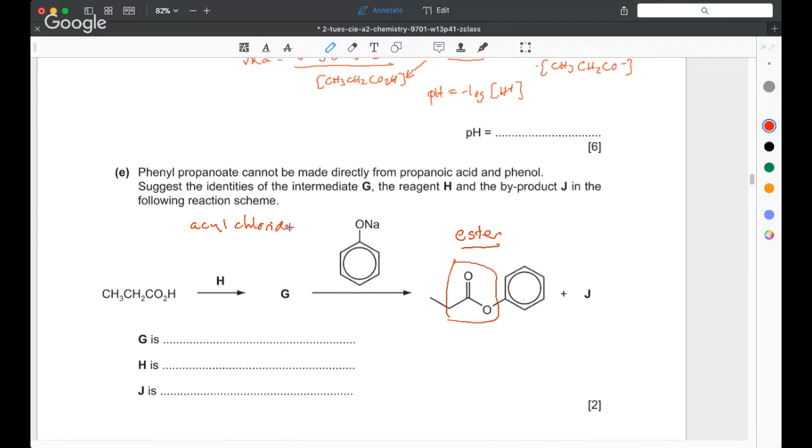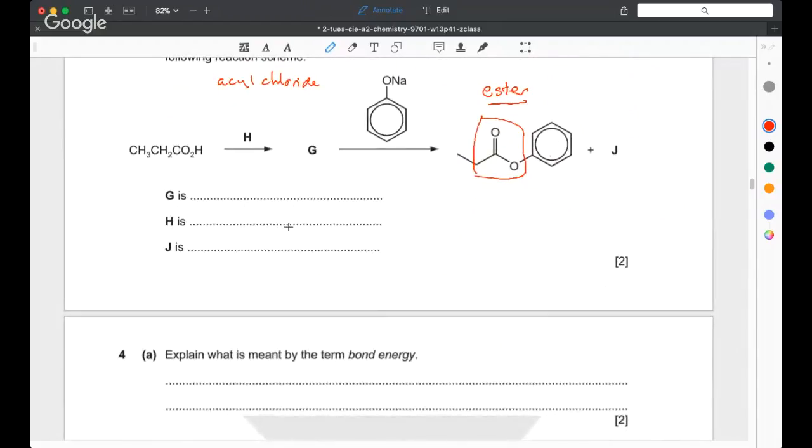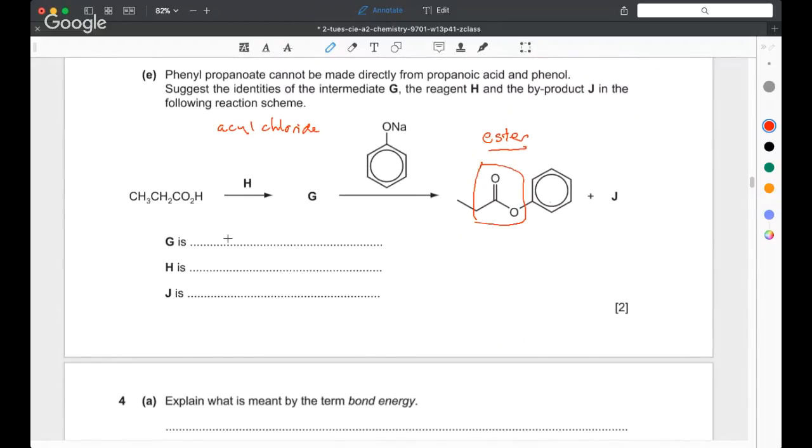All right. Now, I haven't really got that much space, but basically what's going to be happening here is you're going to be taking an acyl chloride, which is that, and you're going to be reacting it with this phenoxide anion.